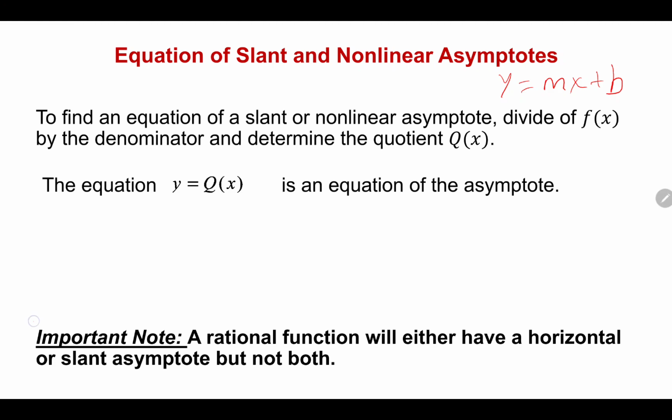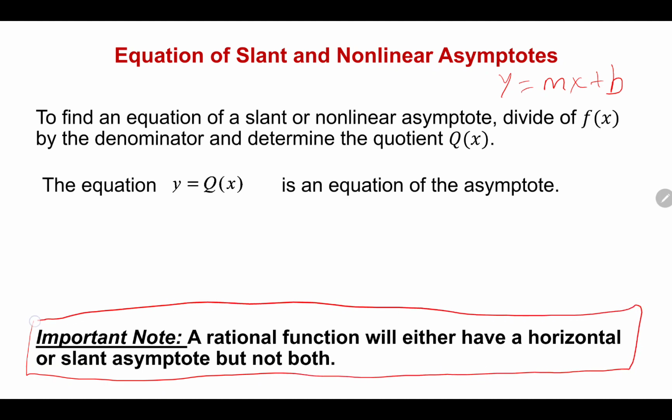Hugely important here, hugely important. A rational function cannot have a horizontal and a slant. It can have the vertical and the horizontal. It can have a vertical and a slant. That's okay.